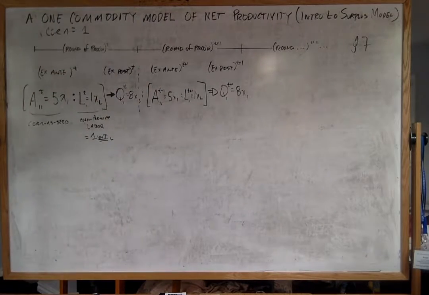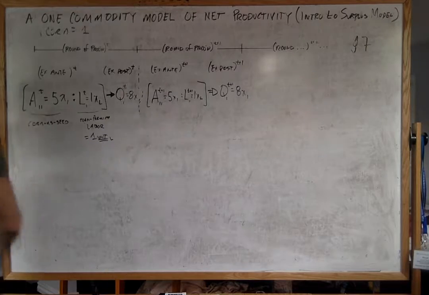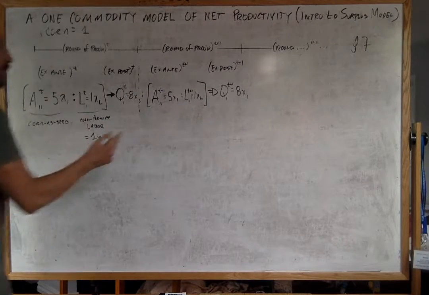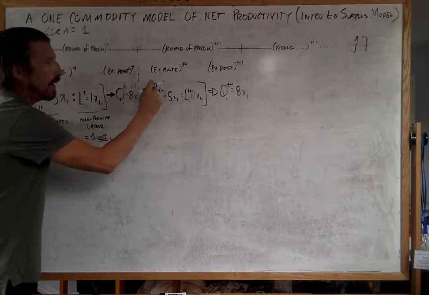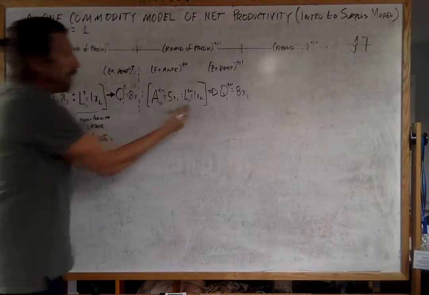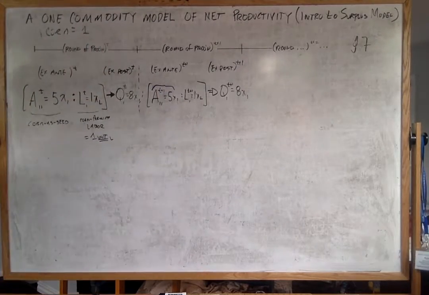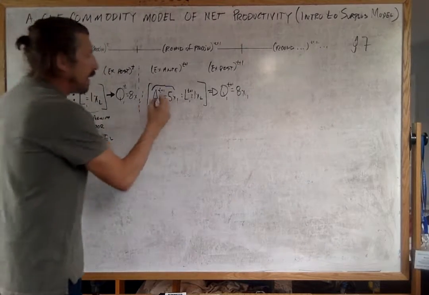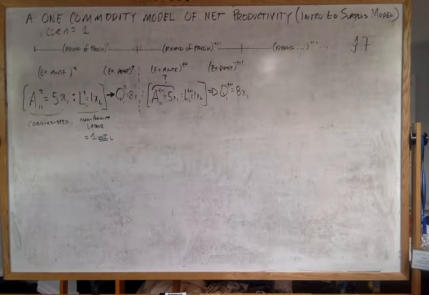All right? So we can see what's happening here. We can see that with respect to the means of production, we're going to have this question. This tells us that in the next round of production T plus 1, we need 5 quarters of seed as means of production. And the question is, where do we get those means of production as seed? Where do they come from?